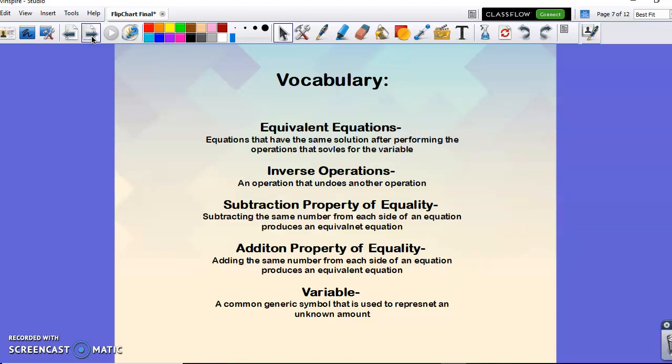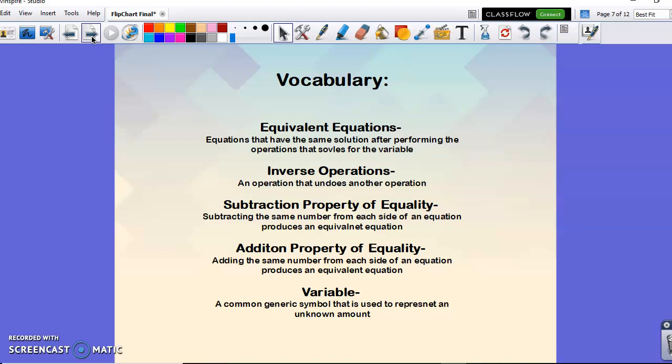Some of the key vocabulary terms in this are equivalent equations, that is equations that have the same solution after performing the operations that solve for these variables. Inverse operations, and that's an operation that undoes another operation. The subtraction property of equality, which is subtracting the same amount from each side of an equation to produce an equivalent equation.